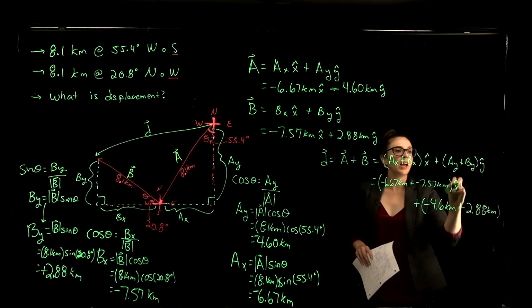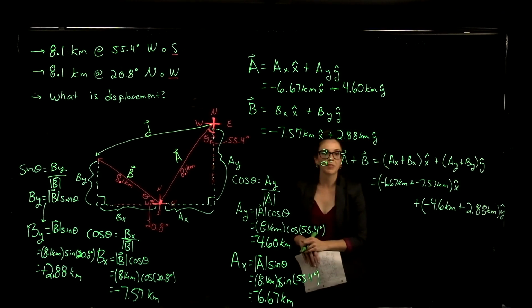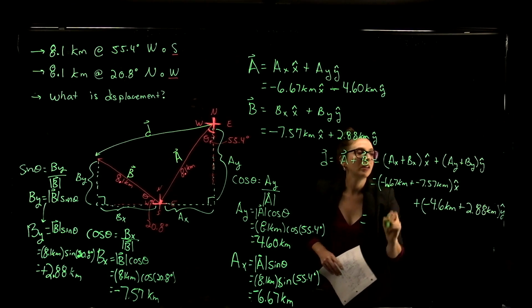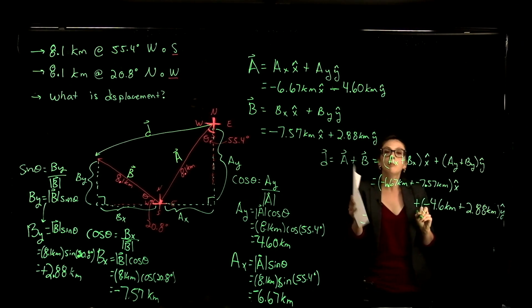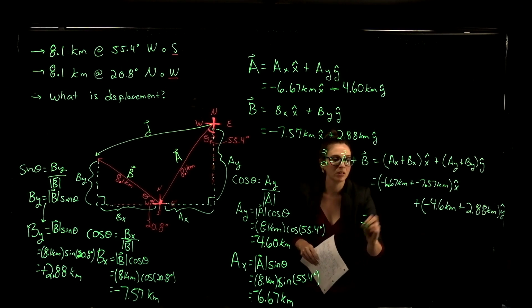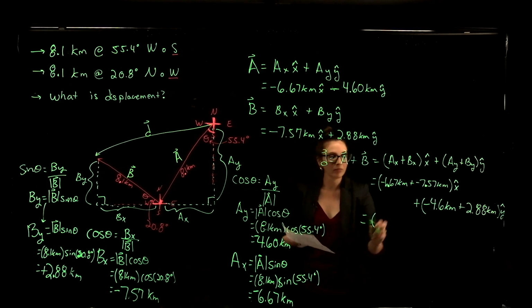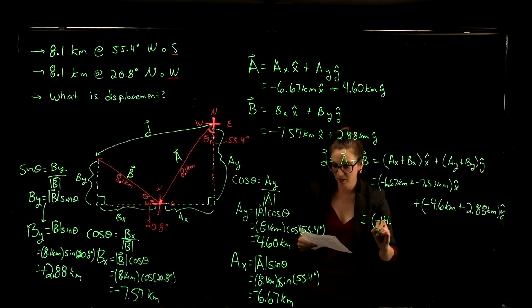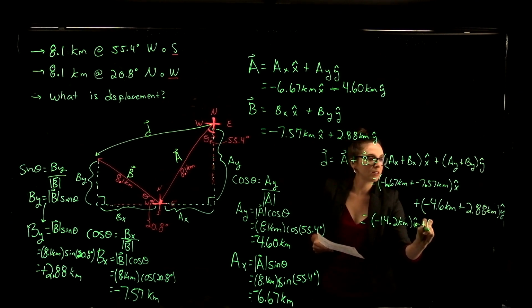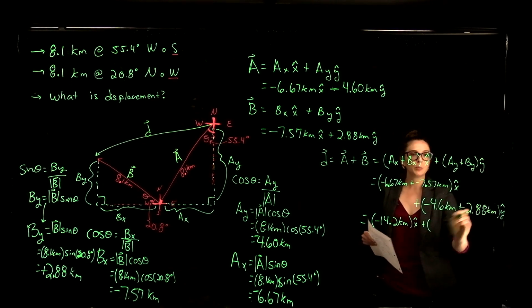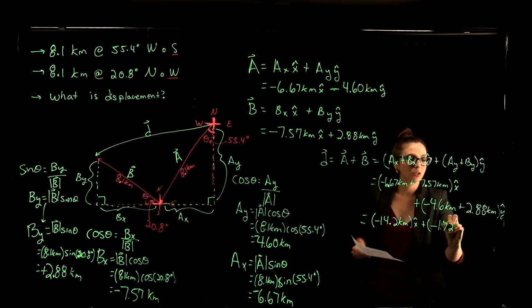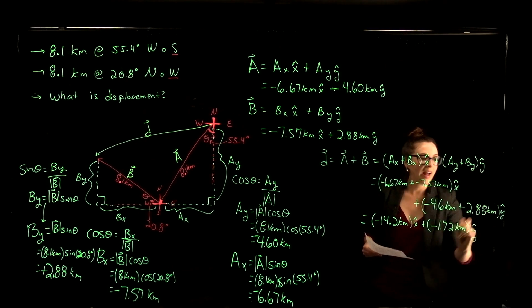Okay, now that was in the x hat and this was in the y hat direction. Okay, now if I add minus 6.67 kilometers minus 7.57 kilometers, that is negative 14.2 kilometers in the x hat direction, plus we've got minus 4.6 kilometers plus 2.88 kilometers for the y hat direction. That's minus 1.72 kilometers for the y hat direction.